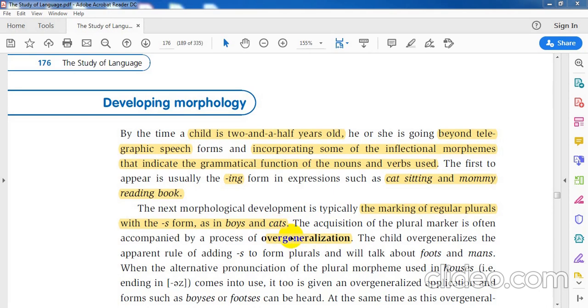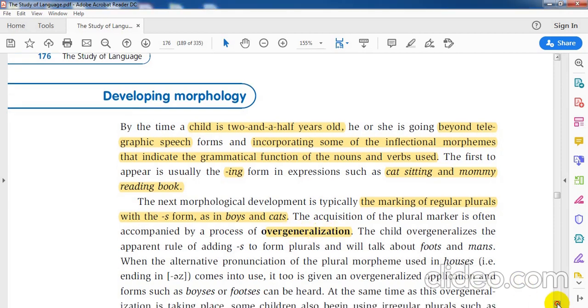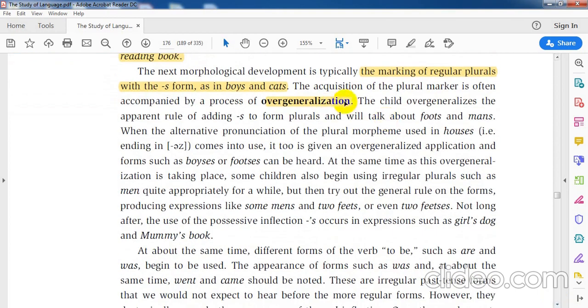Now, this is, of course, of different versions. We are going to be more familiar with the examples found here in the book. They are very interesting, actually. So now, with the overgeneralization of the -s, it's okay to use the -s with boys and cats, right?